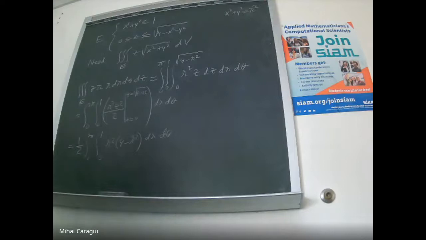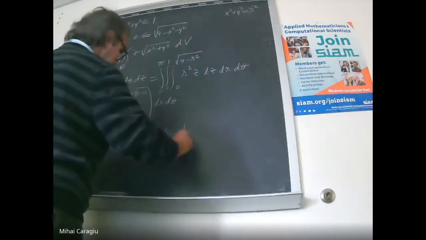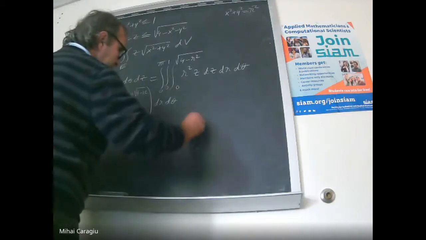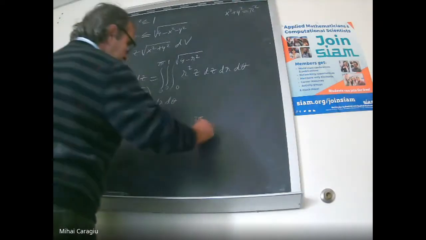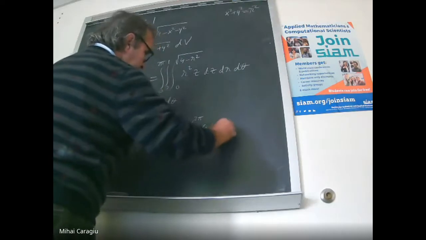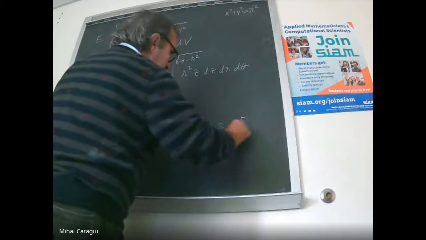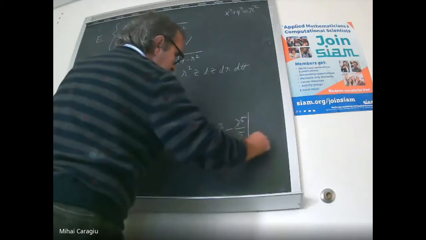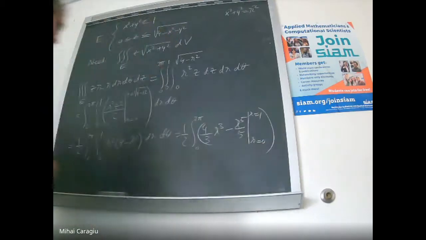So this will be 1 over 2 integral from 0 to pi of 4r squared minus r to the power 4. The antiderivative is 4 over 3 r cubed minus r to the power 5 over 5, between r equals 0 and r equals 1, and then d theta.